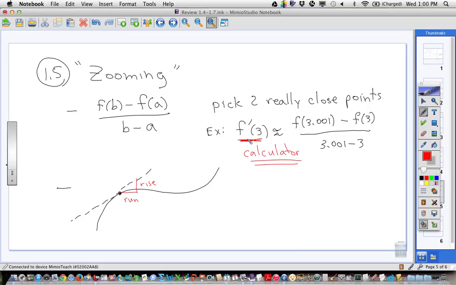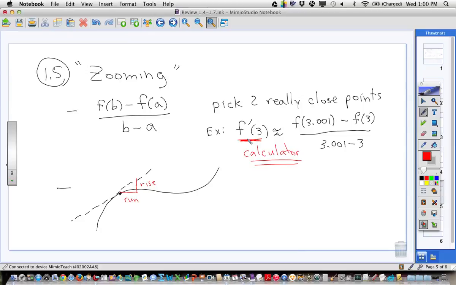Okay, the other type of zooming, I guess you could call it zooming. That's why I put the zooming in quotes, because we're not going to literally zoom in necessarily. But where we just sketch a tangent line. So when I give you a problem with some graphs and ask you these various things, I may ask you to estimate.